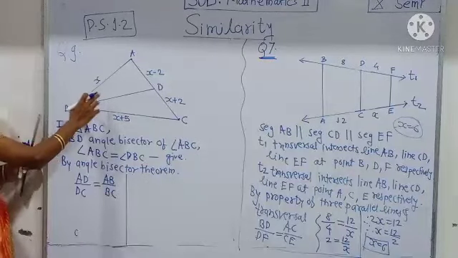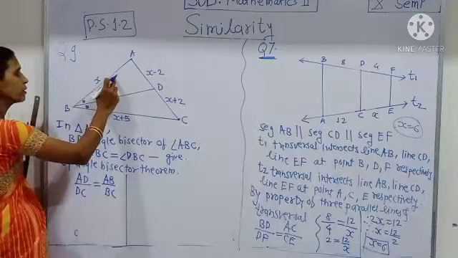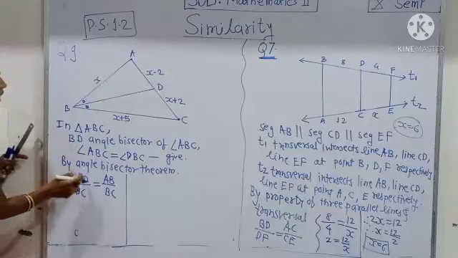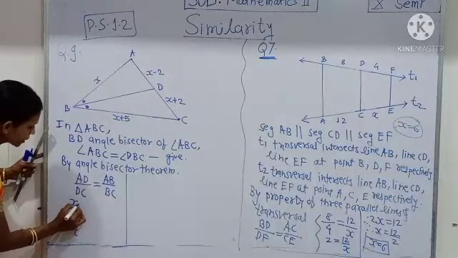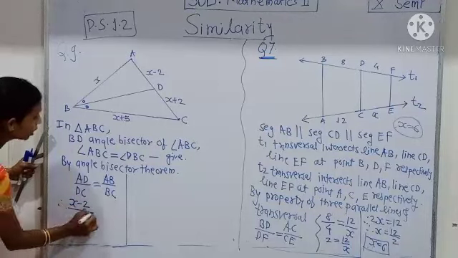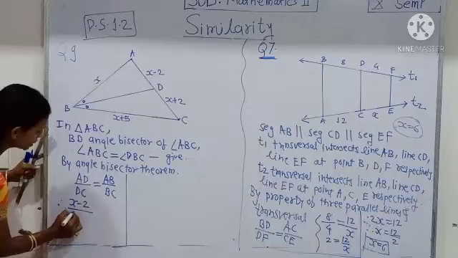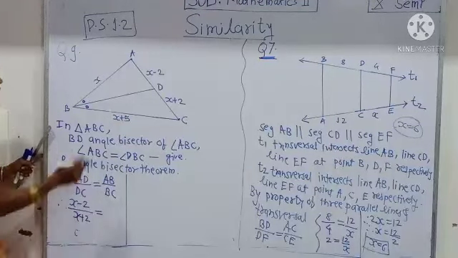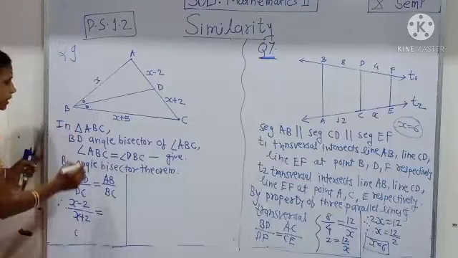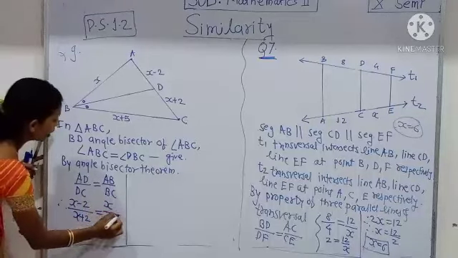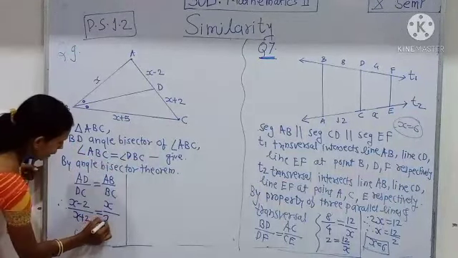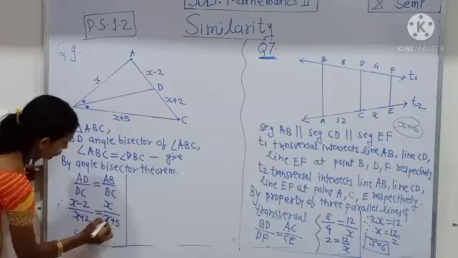Putting the values of the line segments given here, that is AD is x minus 2, DC is x plus 2, is equals to AB is given here, that is x, upon BC is x plus 5.